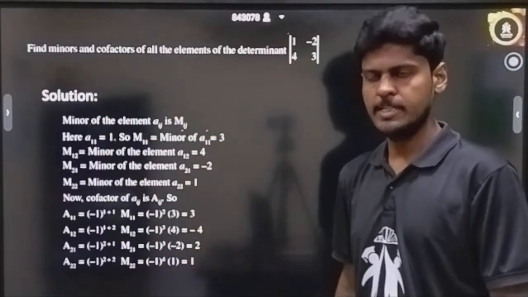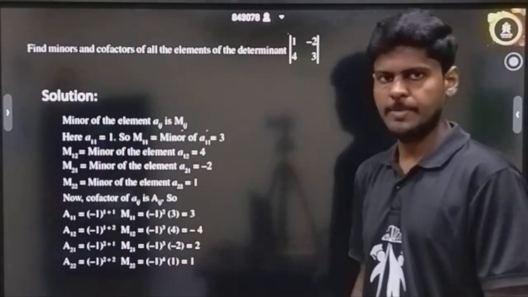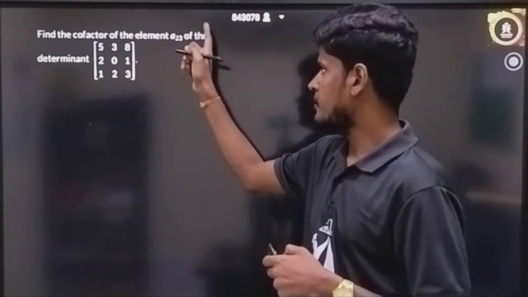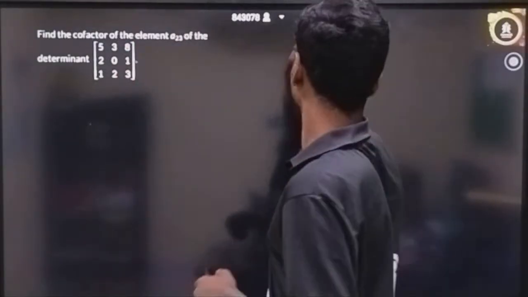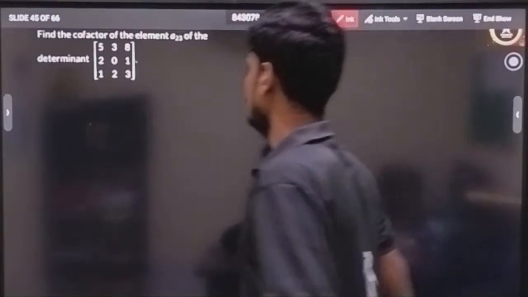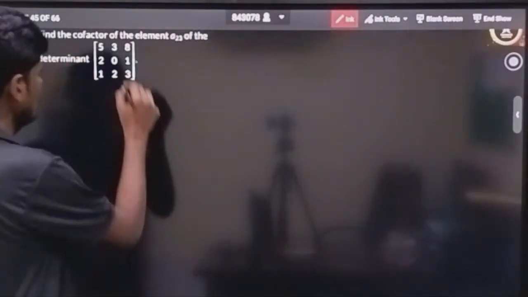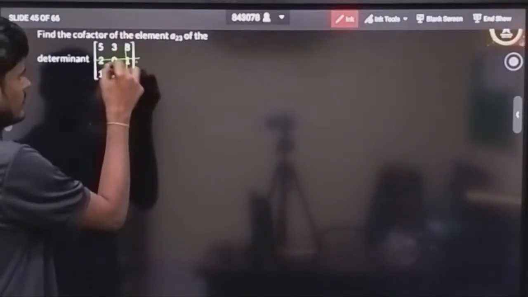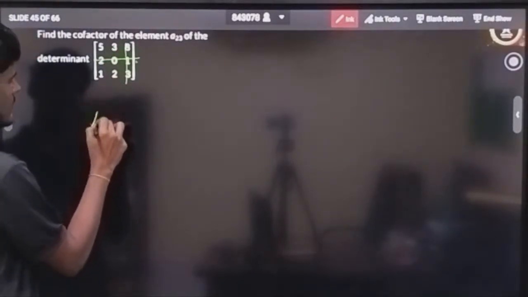These are the minors and cofactors of the elements and the determinant is given by this. Next is to find the cofactor of element A23. A23 is here, second row and third column. What is the cofactor?